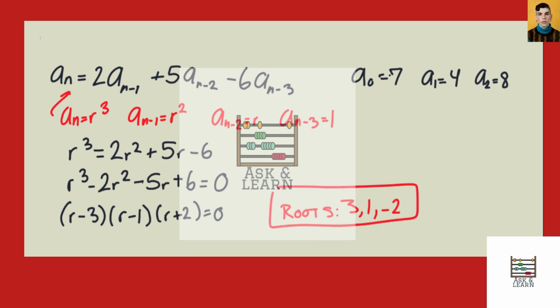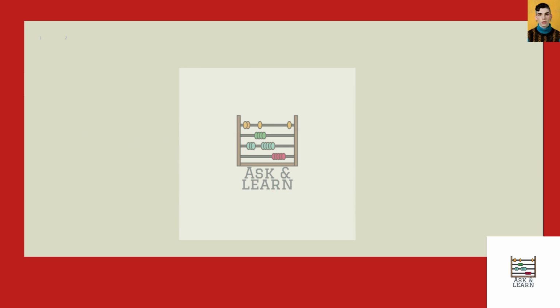Okay, so we'll use those roots to build a solution to the recurrence relation that we have. And so from those roots, we know that the solution will be of the form alpha 1 times negative 2 to the power of n plus alpha 2 times 1 to the power of n plus alpha 3 times 3 to the power of n.